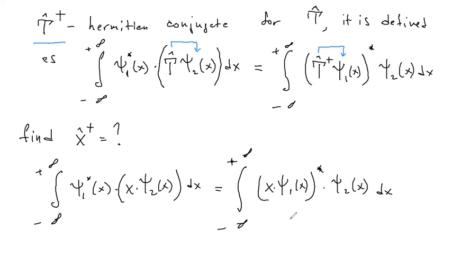It's true, yeah? My X is a real number, so I don't care about conjugation of X. And I can multiply X in any order. It's just three values. I can multiply them in any order. But if you think about it as an operator, this operator was applied to psi 2, now this operator is applied to psi 1.